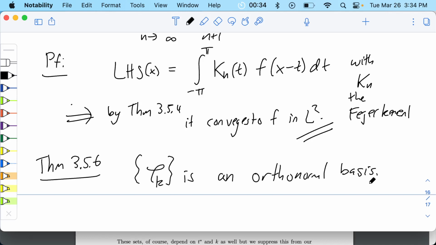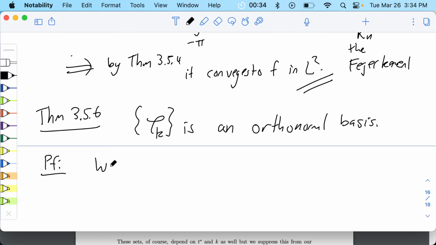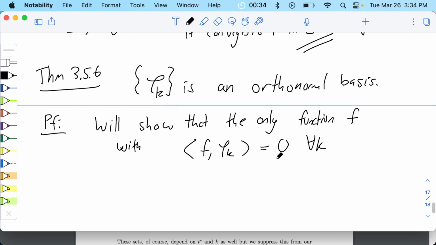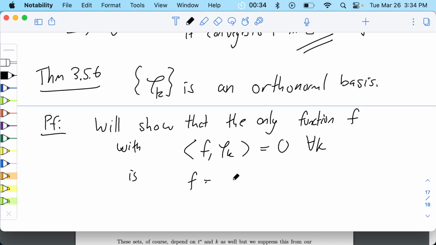We're going to prove it by using the criteria we showed before. We'll show that the only function f with inner product of f and phi k equal to 0 for all k is the zero function, f equals 0 for all t.